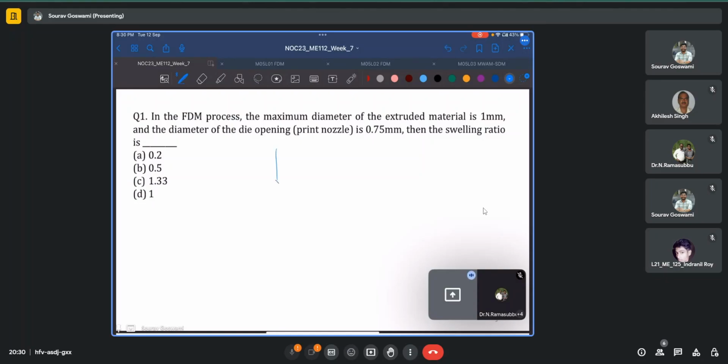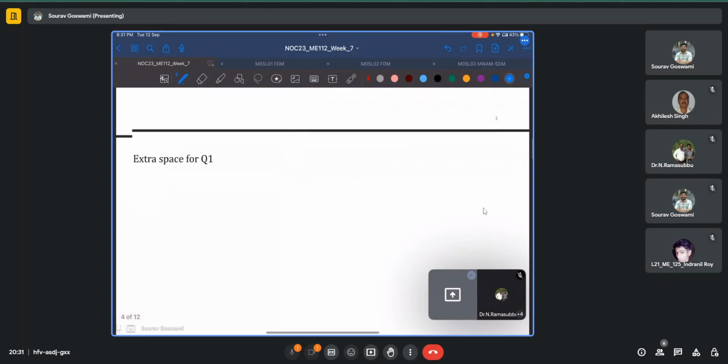So just to remind ourselves, usually what happens is, say this is the diameter of the nozzle. Because of the stresses carried by the material when it was inside, which will get released once it is extruded out, the cross section of the bead will actually swell or increase, and this can be quantified by using the swelling ratio.